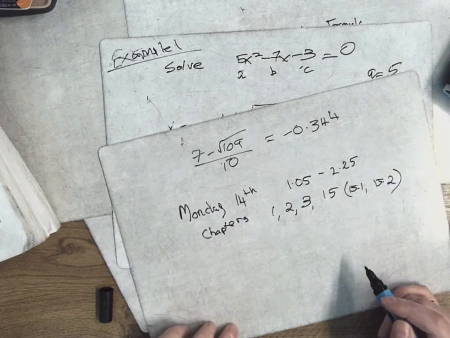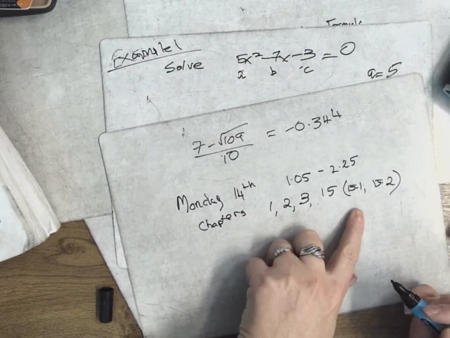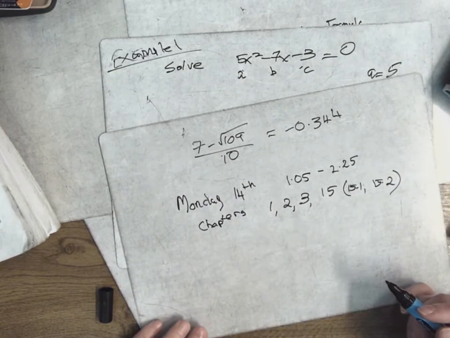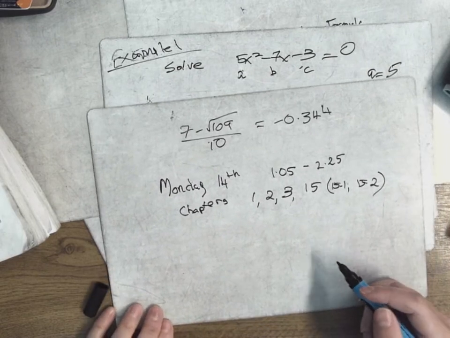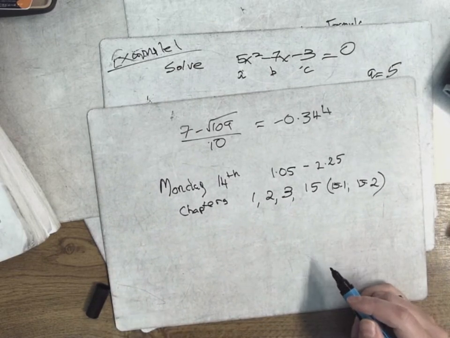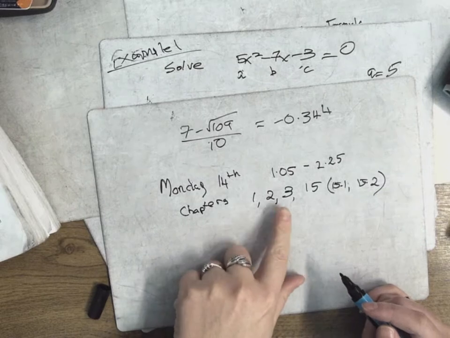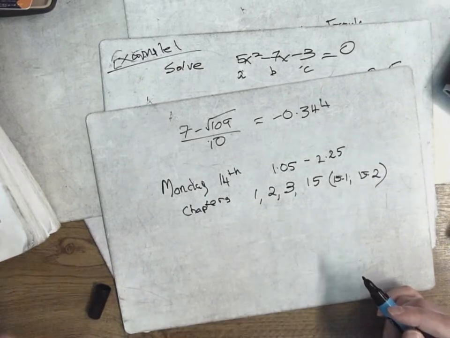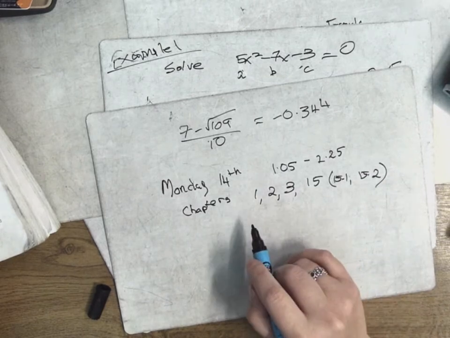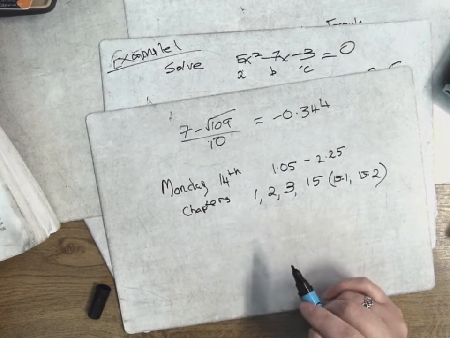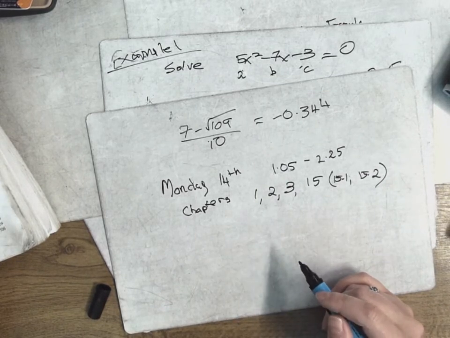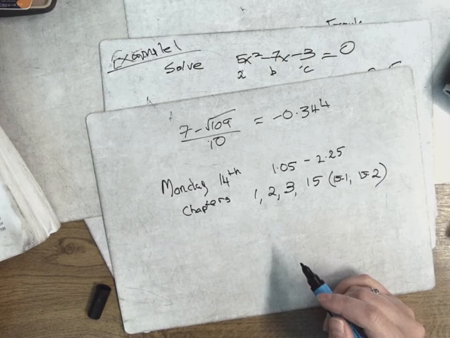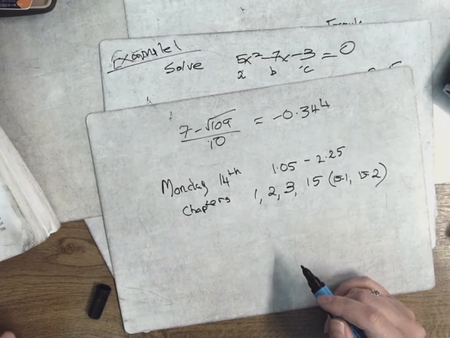Okay? So it's not all of 15, it's just 15.1 and 15.2. Right? Are we good? So 1, 2, 3 and 15, but not all of 15. 15.1 and 15.2. But it's all of chapter 1, all of chapter 2 and all of chapter 3. Okay? And it's on Monday the 14th.